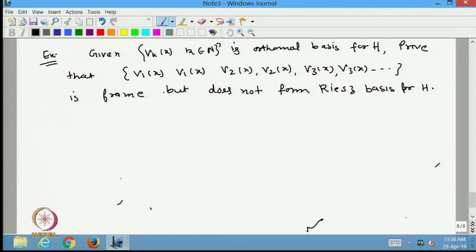Why will it be a frame? If Vkx is an orthonormal basis, it is also a frame with frame bound 1, but so it will become a frame with frame bound 2.